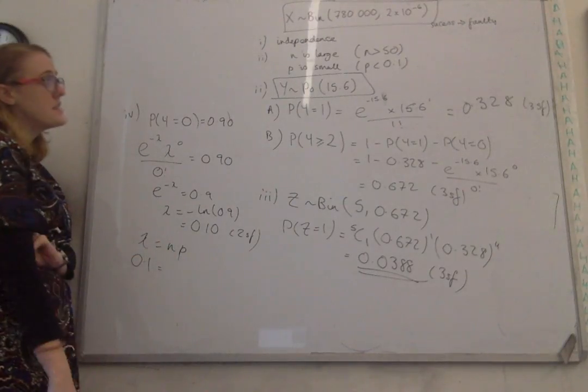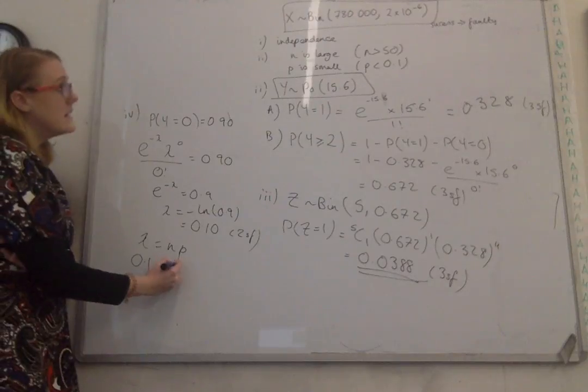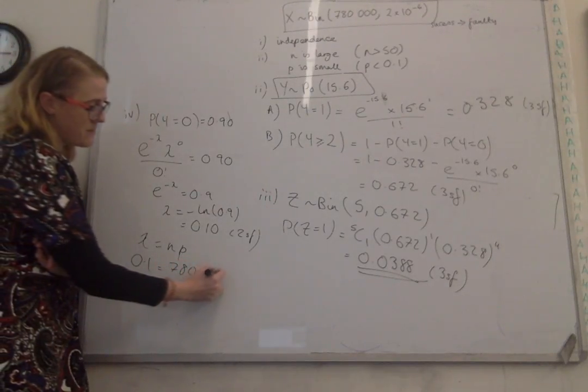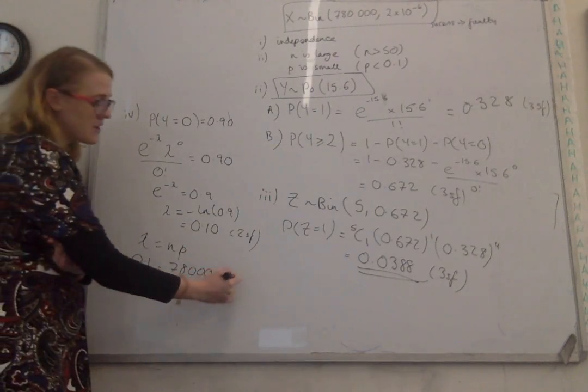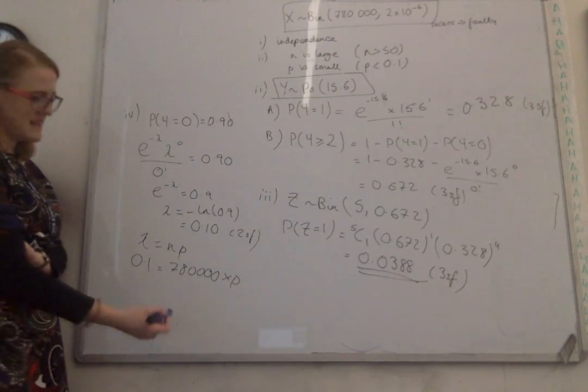n still needs to be the number of pixels in the computer screen, and then p is going to be our new probability, the answer that we're looking for.